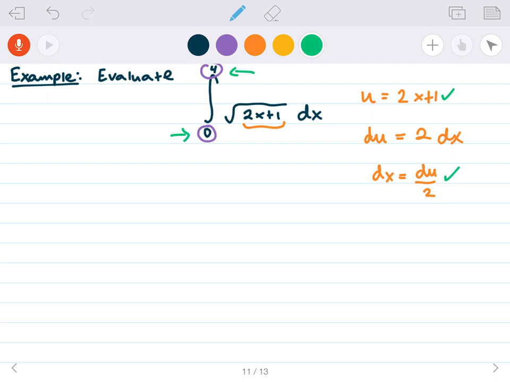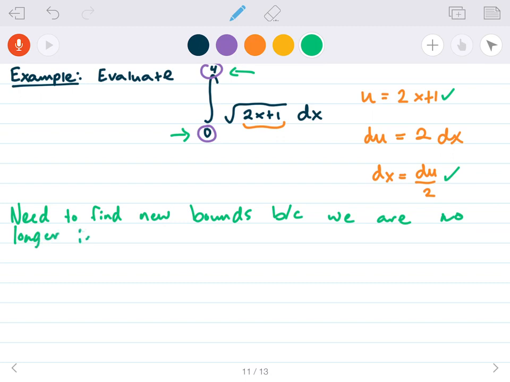What I need to do is write this down: need to find new bounds, upper and lower bounds, because we are no longer integrating with respect to x, but with respect to u.